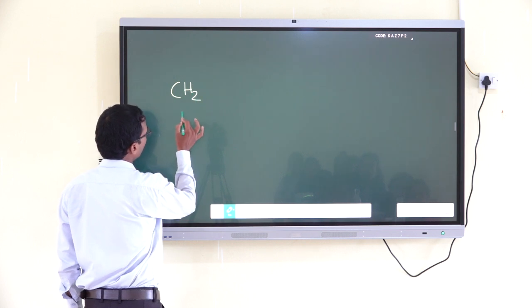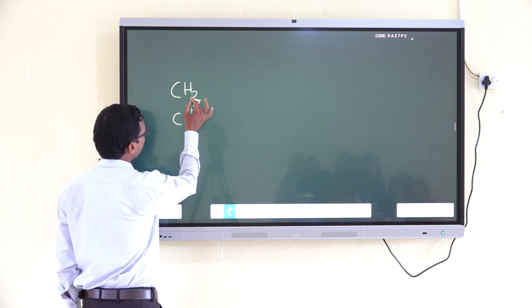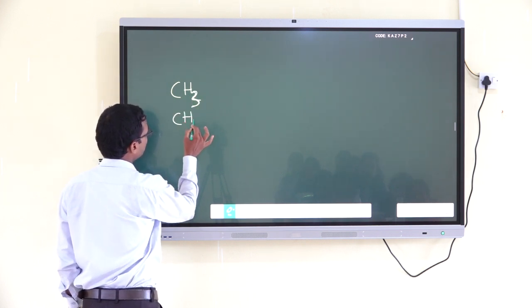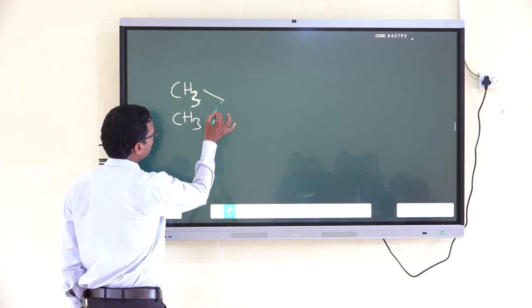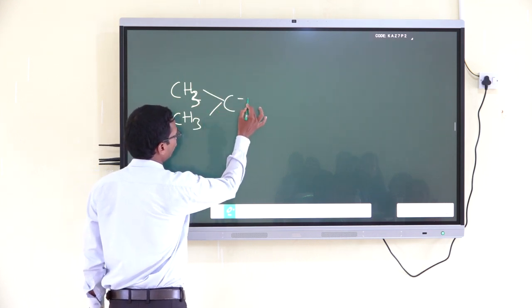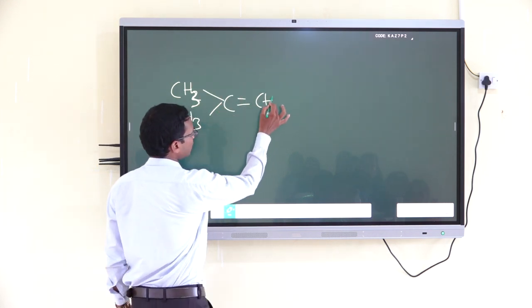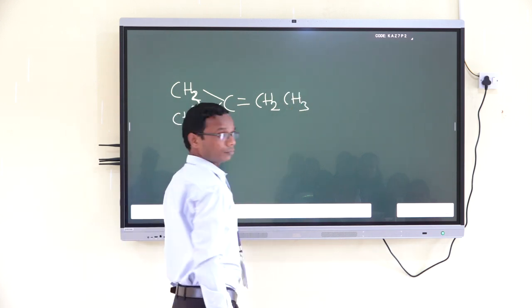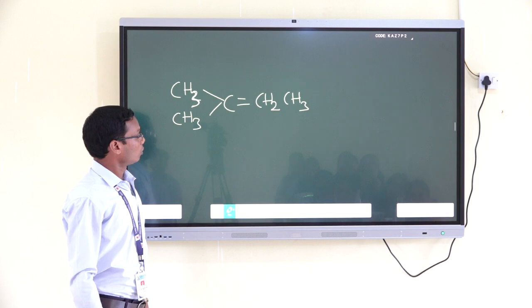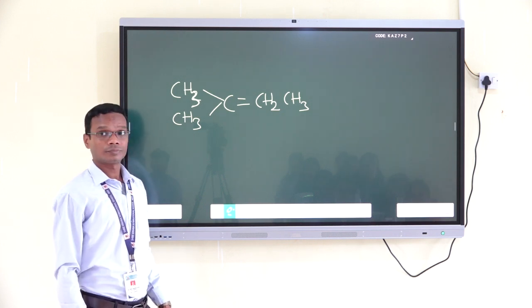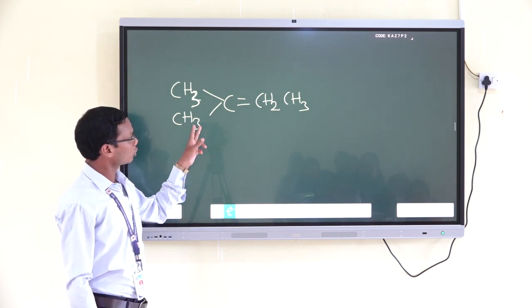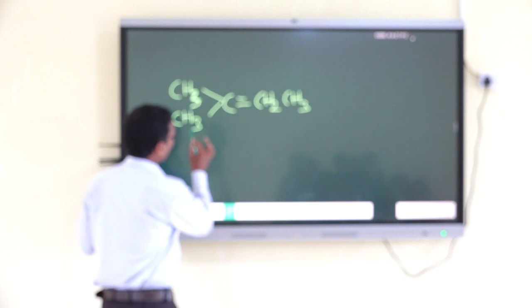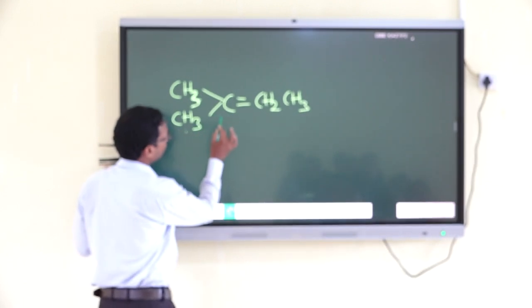Now take one other example. CH3, CH3, this is C, double bond, CH2, CH3. What is the name of this compound? Numbering 1, 2.